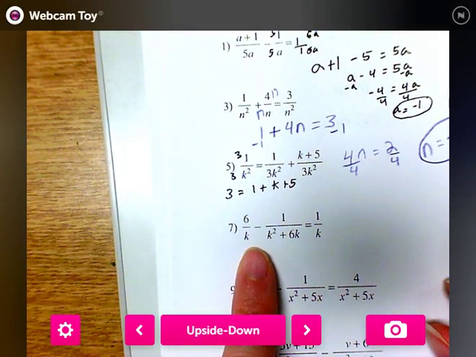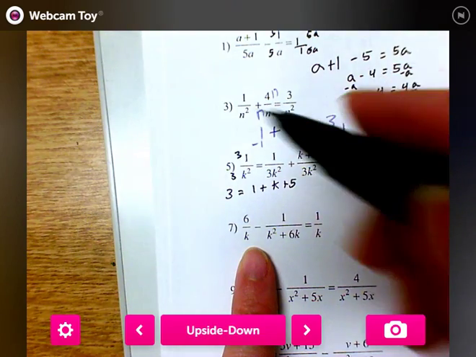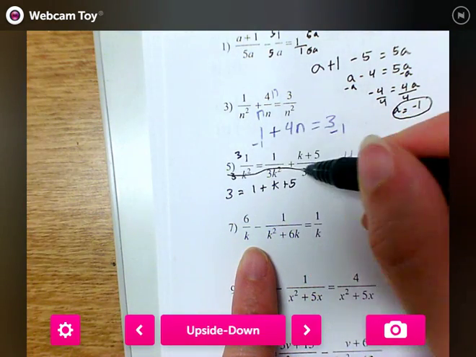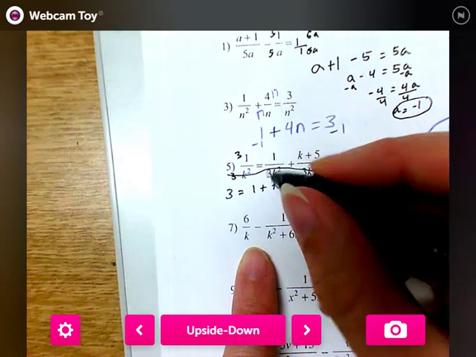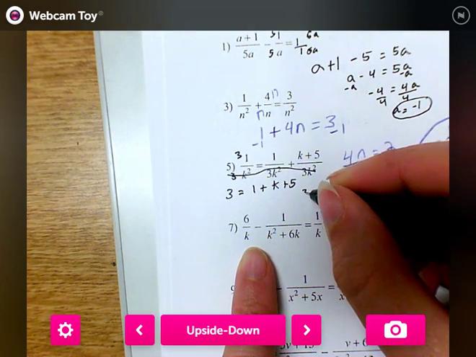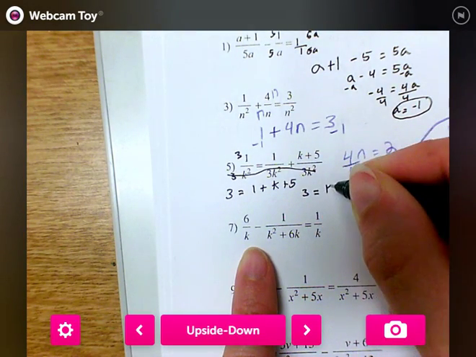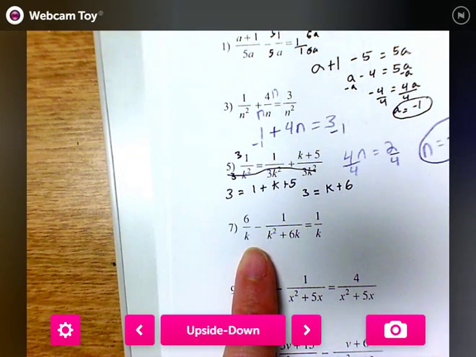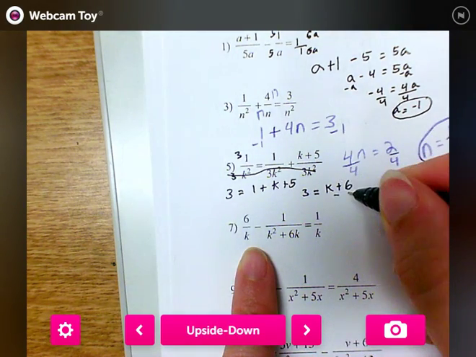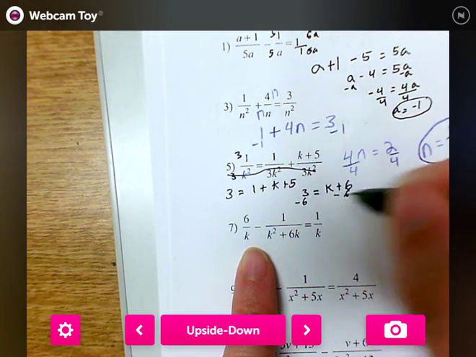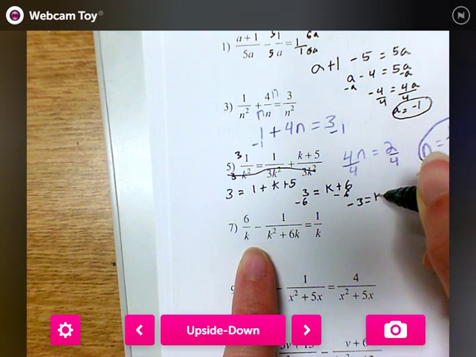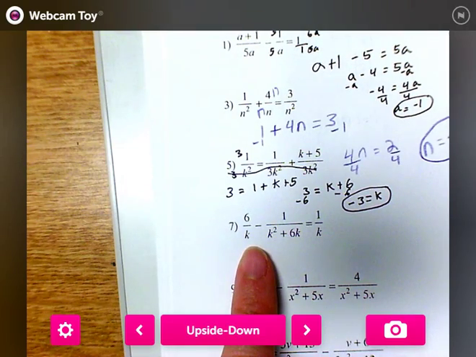Okay. We're okay? Yeah. Multiply the top and bottom by 3. We can ignore the whole bottoms. So now 1 plus 5 is 6. So I get 3 equals k plus 6. Then I'm just going to subtract 6 from both sides. So I get negative 3 equals k. So far, so good? Okay.